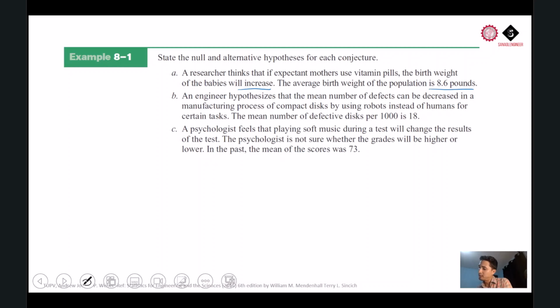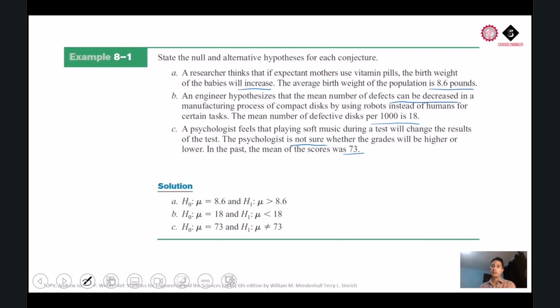For letter B, the number of defects can be decreased, meaning it is to the left. It is left-tailed. And the null hypothesis is that it is 18 per 1,000. And the last, the psychologist is unsure whether the effect of playing soft music will positively or negatively impact the scores. So the mean or the null is 73, and this is two-tailed.